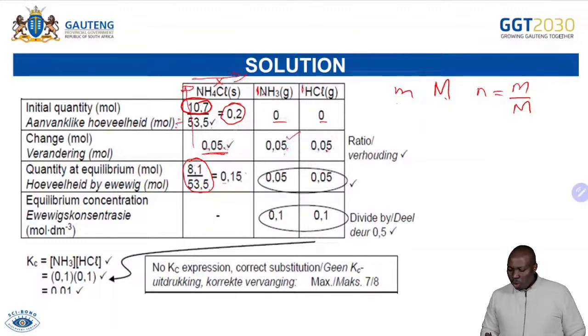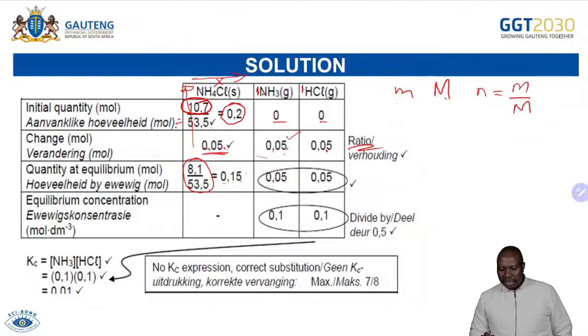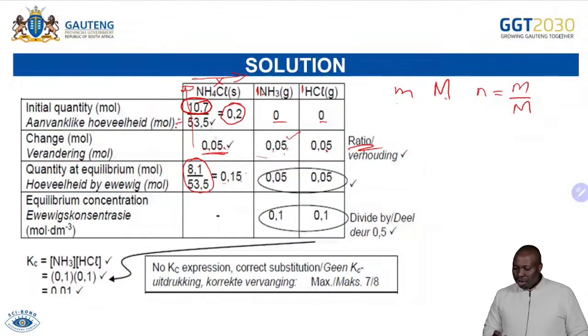So this ratio is always in accordance with the ratio of the balanced equation. So it's very important, when you want to move from ammonium chloride to ammonia, you go up to say 0,05 divided by the ratio, which is 1. You multiply by the ratio of the one you want in order for you to get the answer.